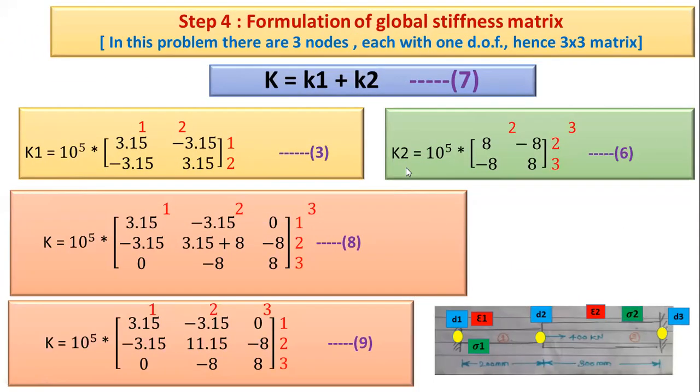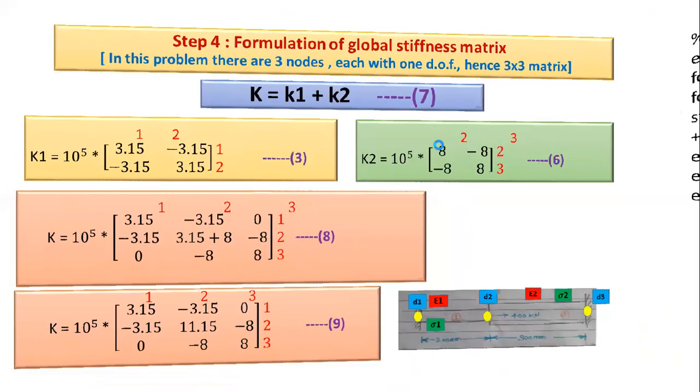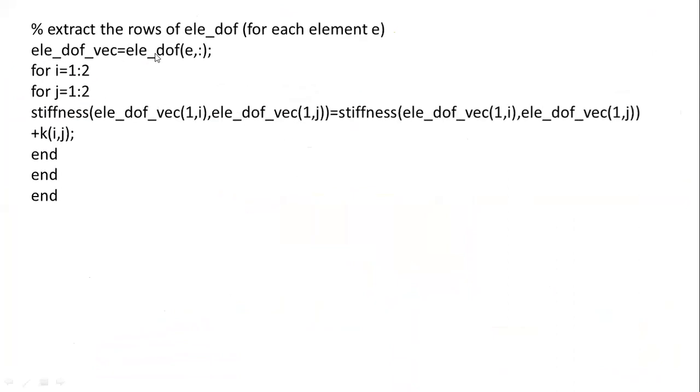So in the next step, we just need to extract the respective values into the global stiffness matrix from the individual stiffness matrices K1 and K2. So in the program, we extract the row of element degrees of freedom for each element, means from first node, second node, third node of respective elements.